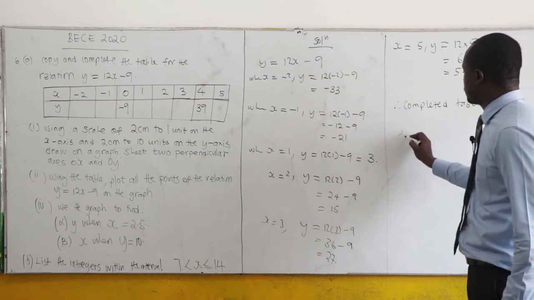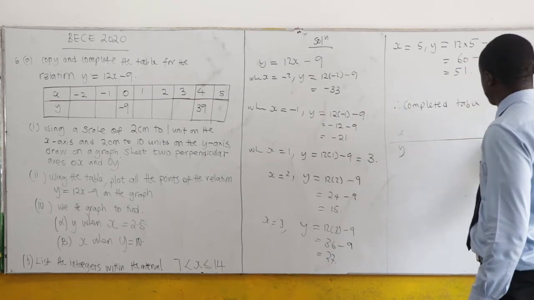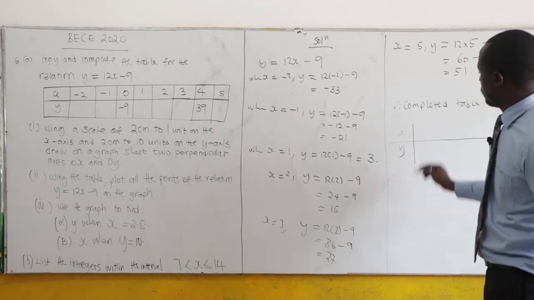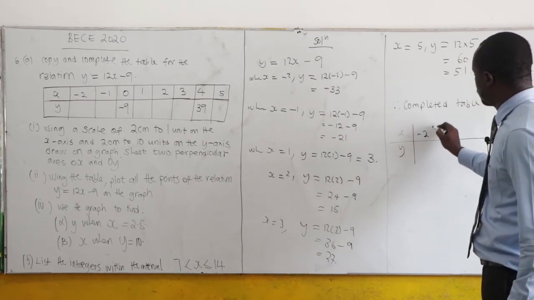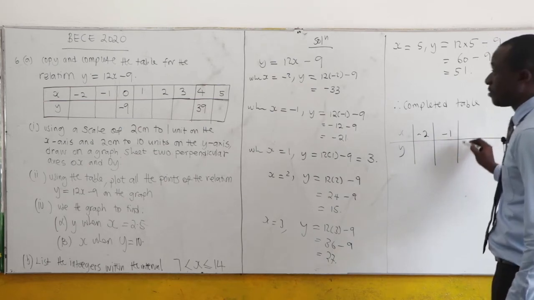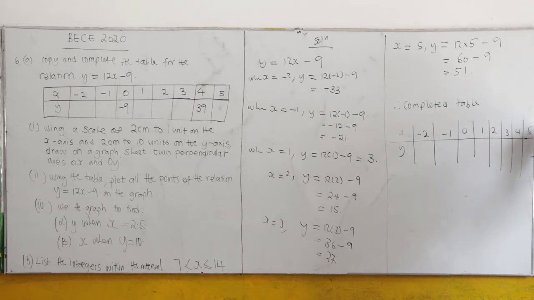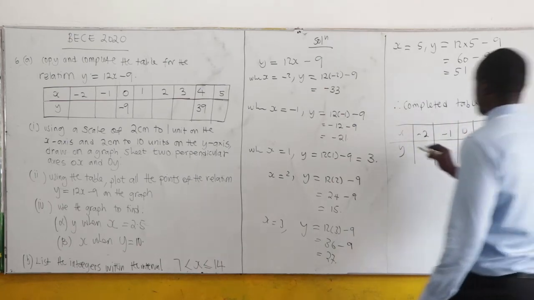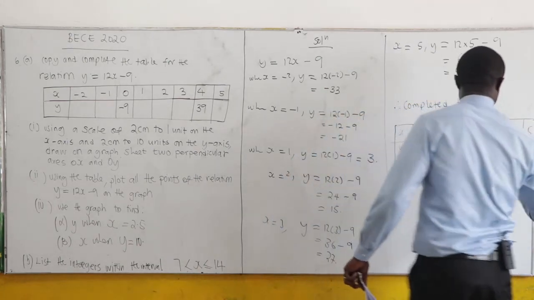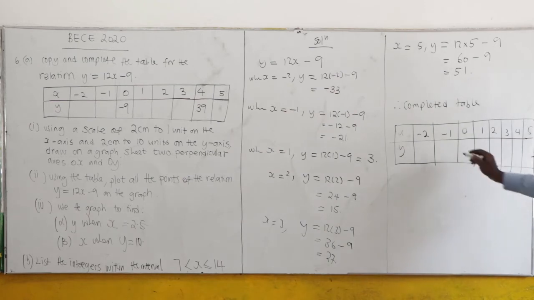So we have our x, we have our y. Now, we have negative 2, negative 1, 0, 1, 2, 3, 4, and then we have 5. So you have to complete our table. Now 0 is given as negative 9, 4 is 39, 5 is 51.